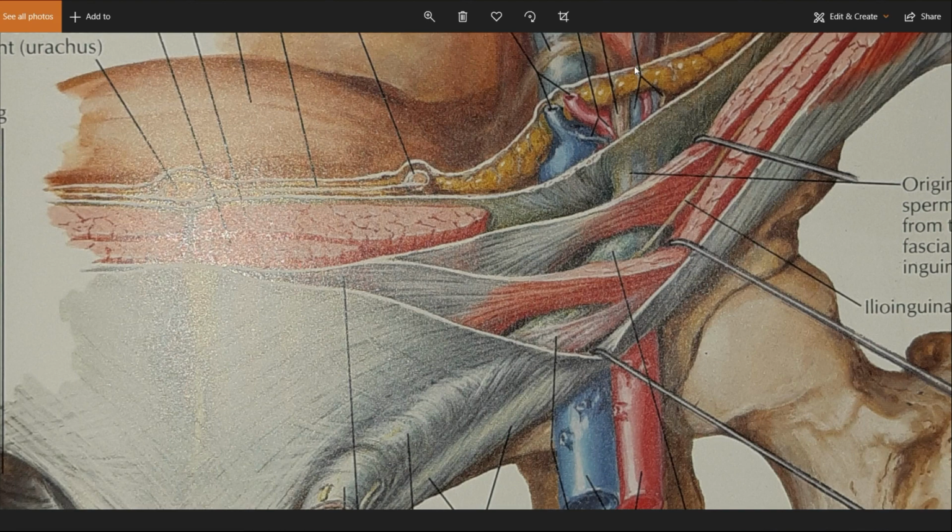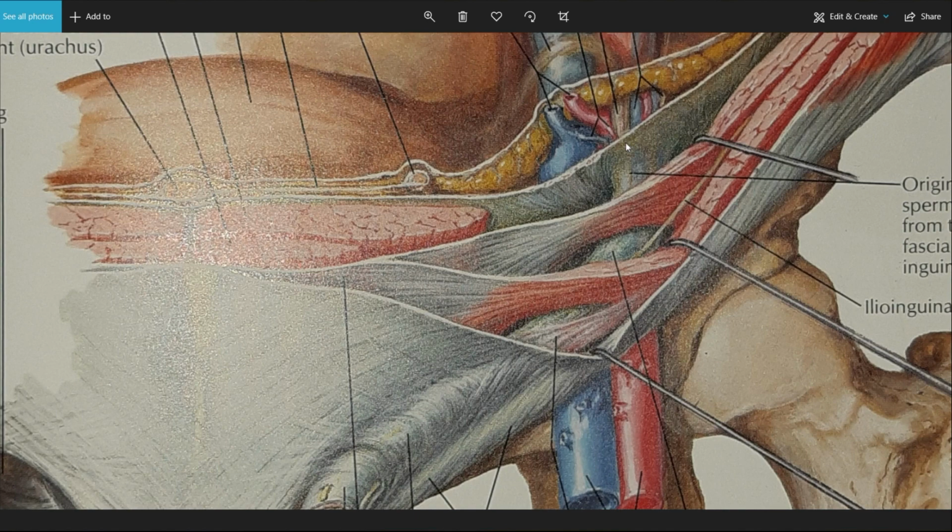So, the first covering of the spermatic cord is known as the internal spermatic fascia, which is nothing but an extension of the fascia transversalis. Now try to think, the fascia transversalis is the first barrier in a way in the path of the spermatic cord through the inguinal canal, because it encounters the fascia transversalis first.